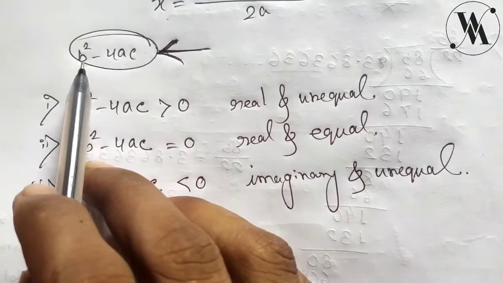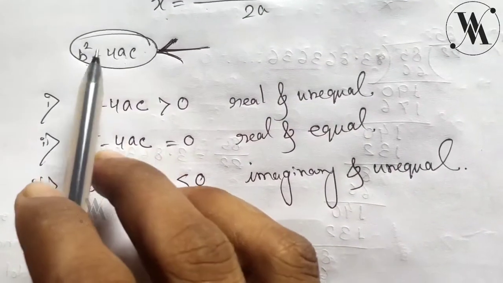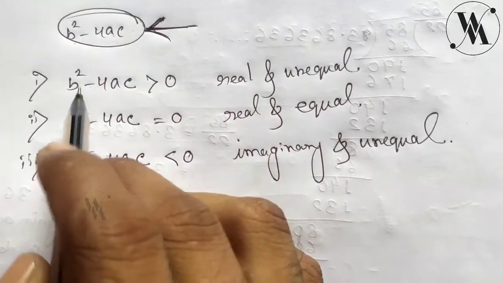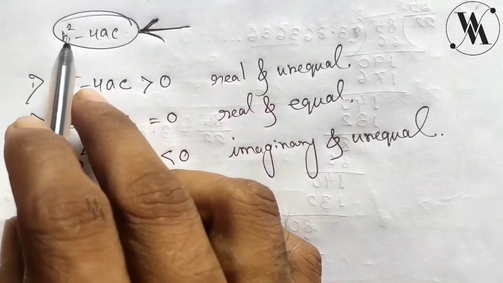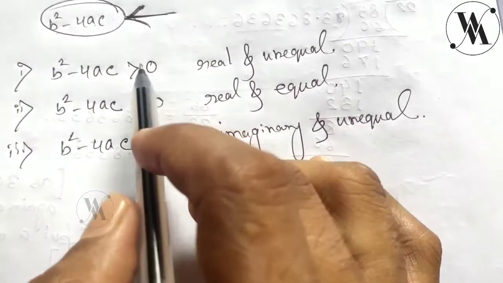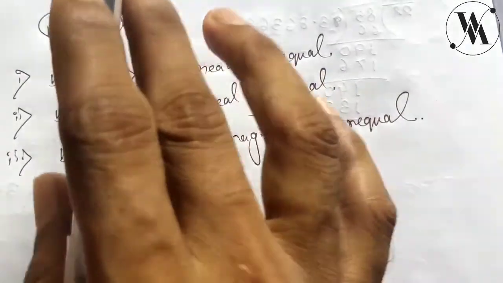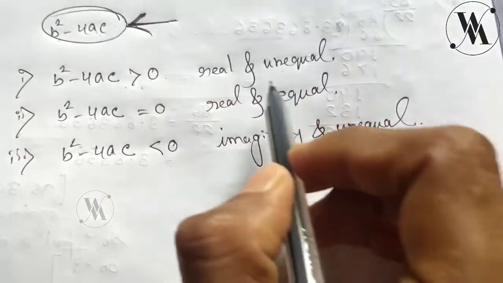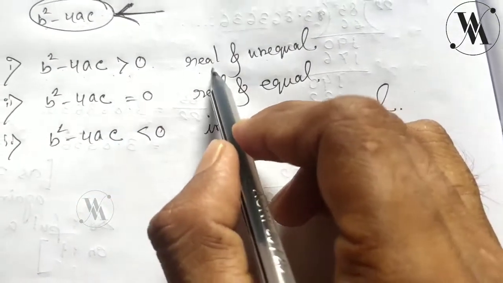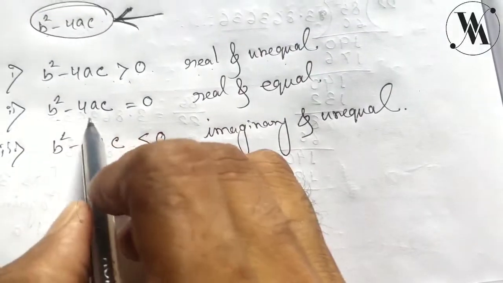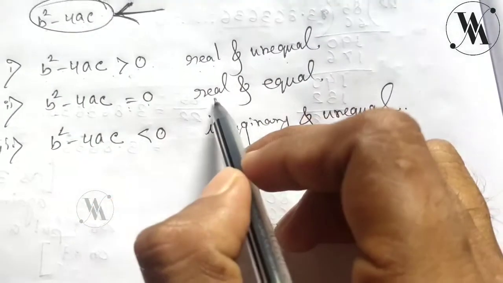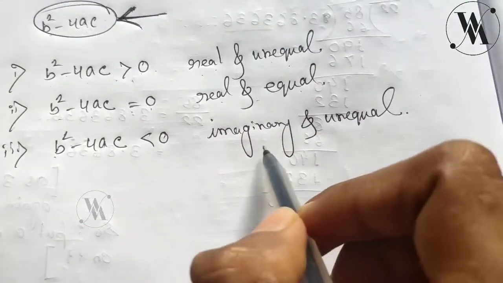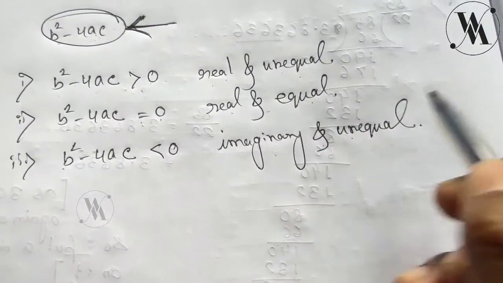First you have to find the value of b square minus 4ac, which is called the discriminant of the equation. Then, if b square minus 4ac is greater than 0, the two roots are real and unequal. If it is equal to 0, the two roots are real and equal. If it is less than 0, the two roots are imaginary and unequal.